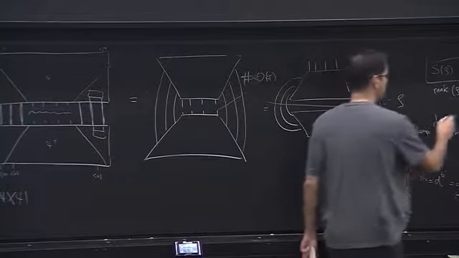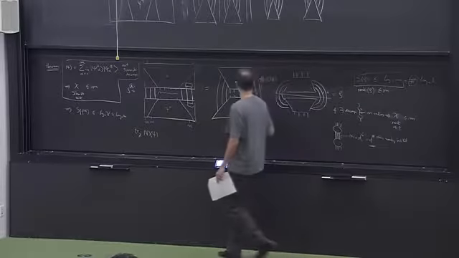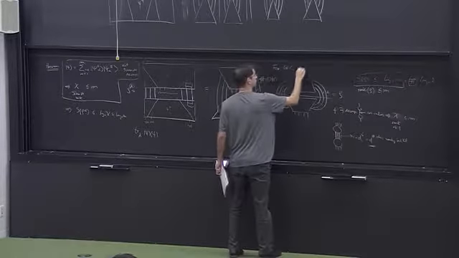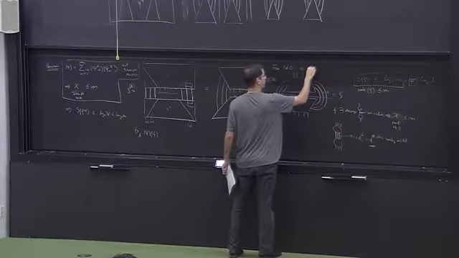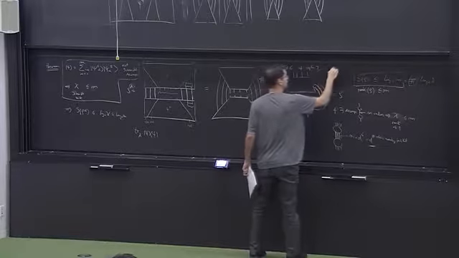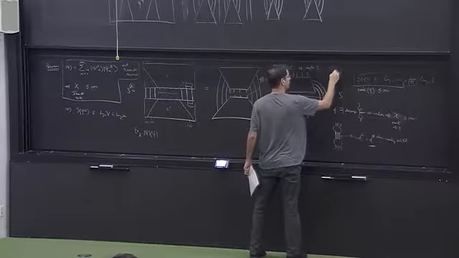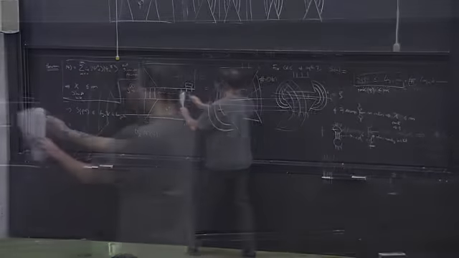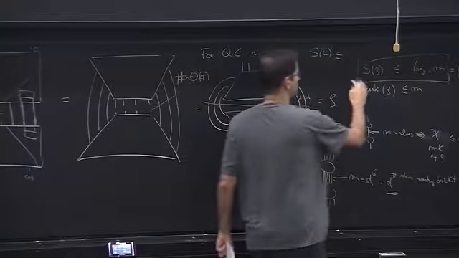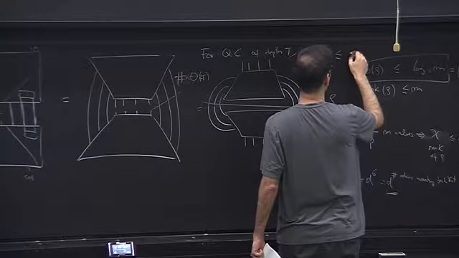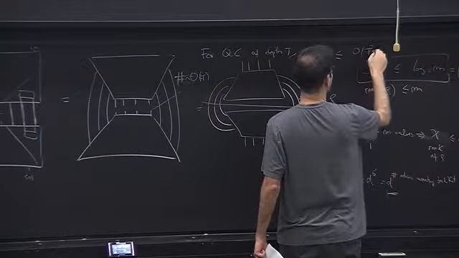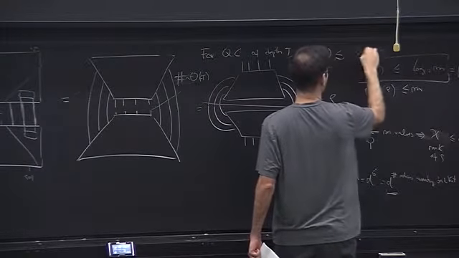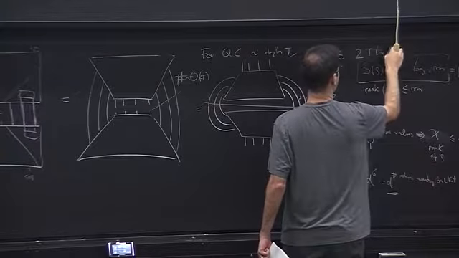So the final result is that for our construction, for a quantum circuit of depth t, the entropy of a region of size L is at most this. We didn't have to specify how long this region was, so we get the same bound, order t, or let's say 2t times log of the local dimension.